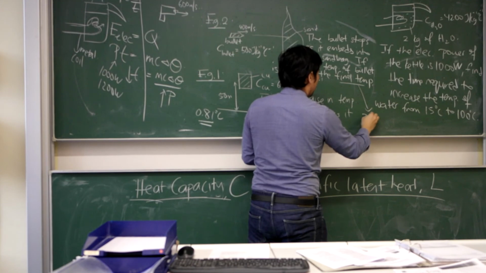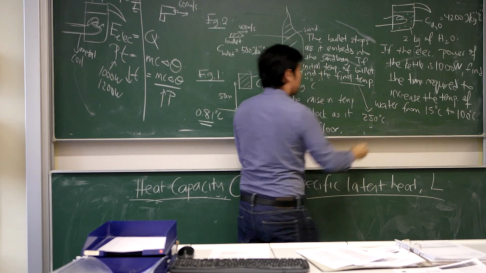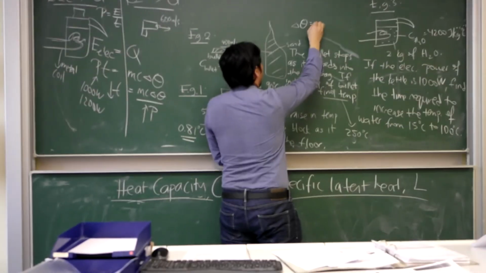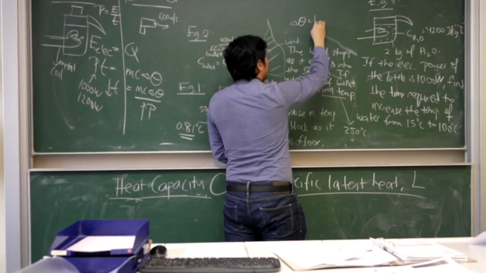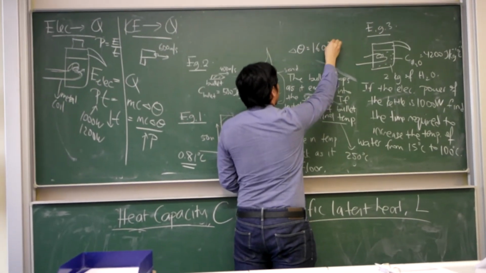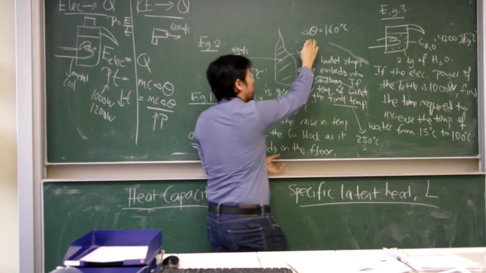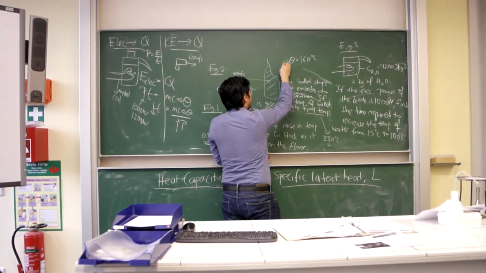So check this, guys. Added by 90, 250 degrees Celsius. So what's the change in temperature, Sabrina? 160. Okay, that's good. This is what I want to see. First, find the change in temperature, and then the final temperature.